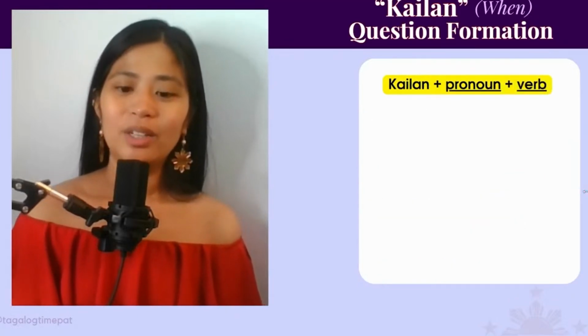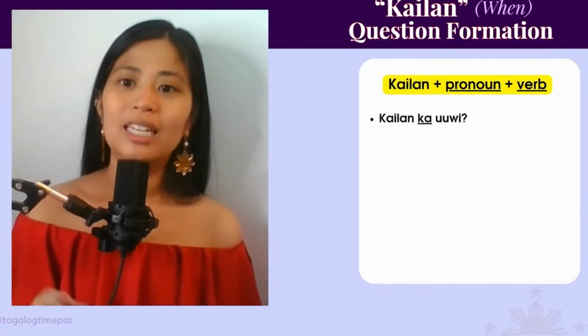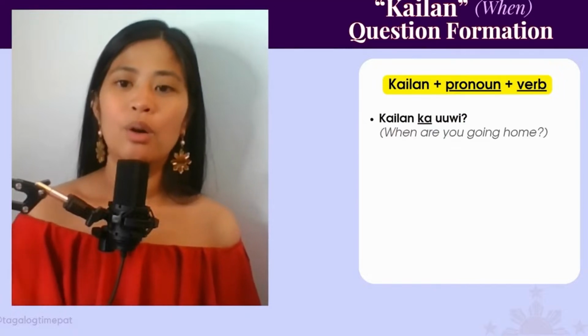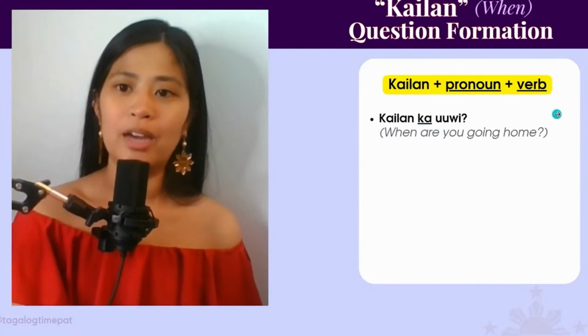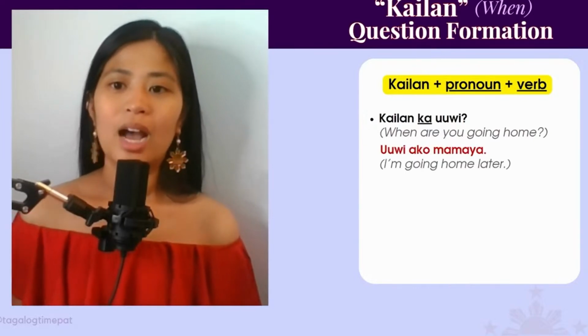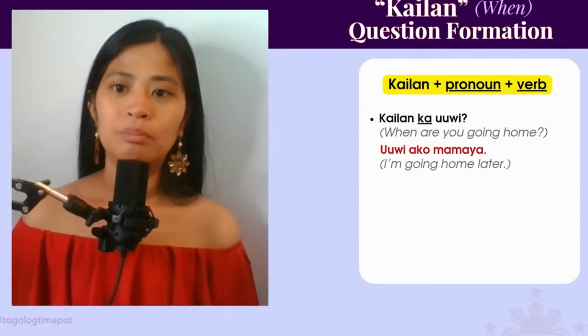All right, then you could do kailan plus a pronoun plus a verb. Kailan ka uuwi? When are you going home? Kailan ka uuwi? So there's kailan, there's the pronoun, there's the verb. We're just following the pattern here. Then, uuwi ako mamaya. I am going home later. Uuwi ako mamaya.